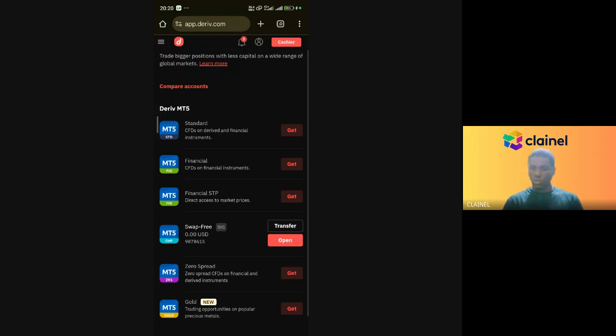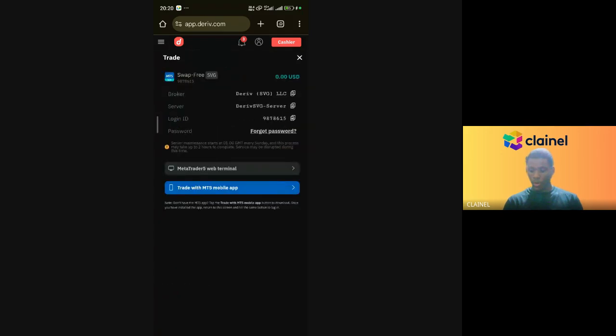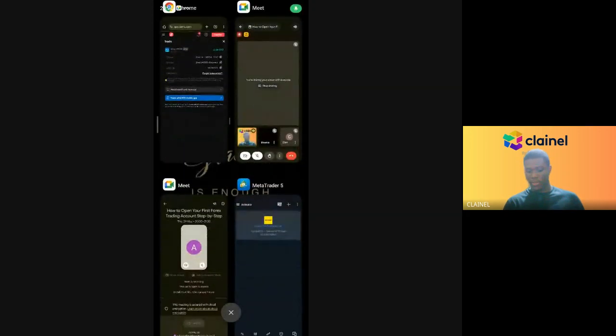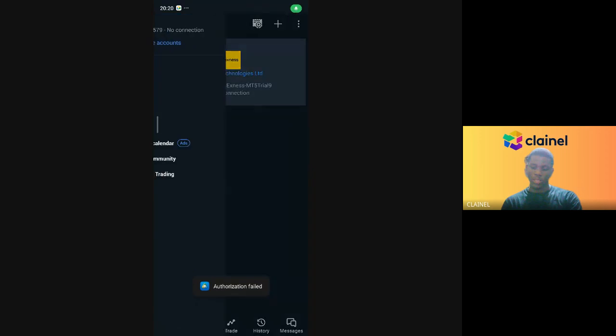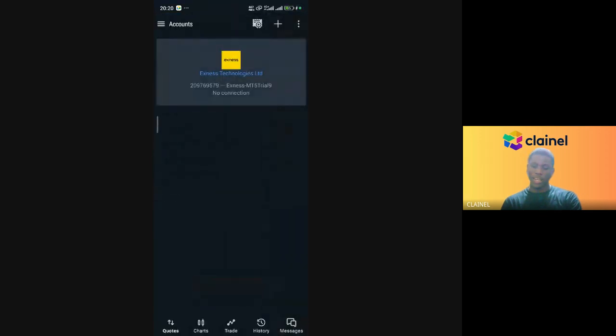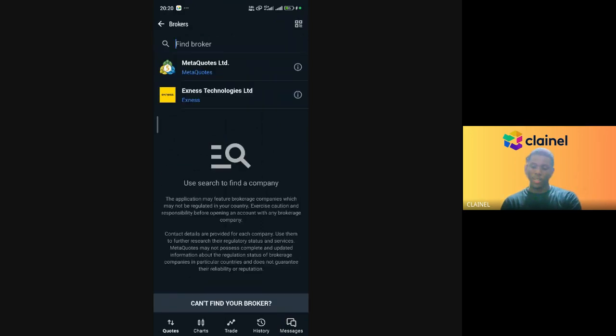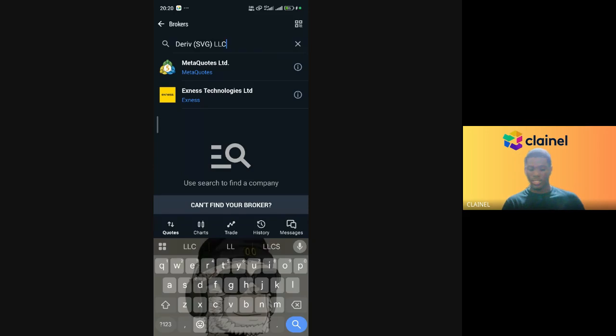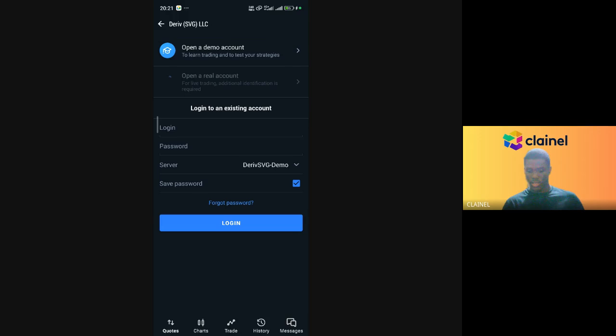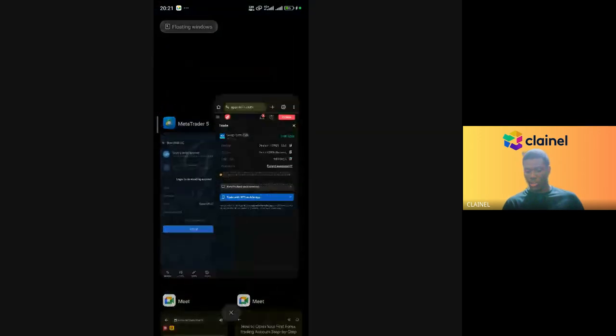So all you have to do, you click on open. Once you click on open, first of all, I'm going to copy the broker. Then I'll go to my MetaTrader 5, I click on manage accounts. Then click on the plus sign here to add the Deriv account. Then I click on find broker. Then what I've copied, I just need to paste it. And then it brings it out. I click on okay. Then you need to input your login. Your login is already here.